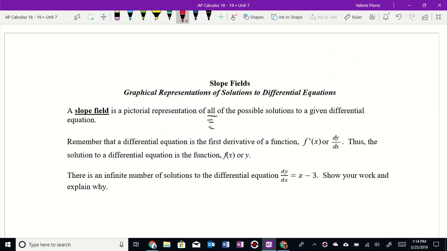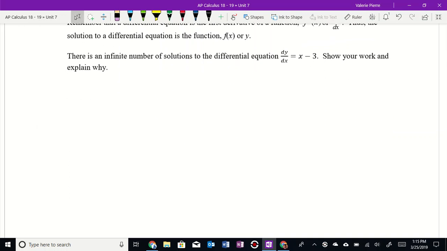There are infinite number of solutions to the differential equation dy dx equals x minus 3. We're going to show our work and explain why. So we start with the differential equation dy dx equals x minus 3. To find the solution to this, we have to first separate our variables.